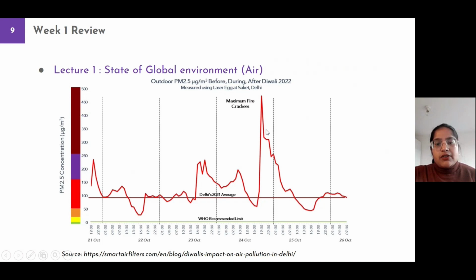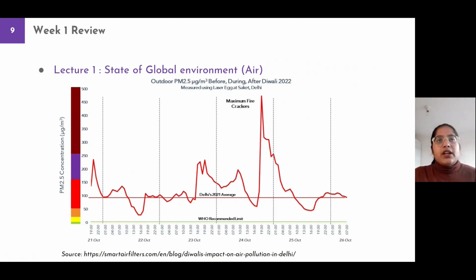But in the days of Diwali, for example on 24th October 2022, which witnessed maximum firecrackers, also corresponding to Diwali, we see that the concentration of particulate matter or air pollutant in the air has increased to 500 microgram per meter cube, which is a considerable value above the recommended limit.